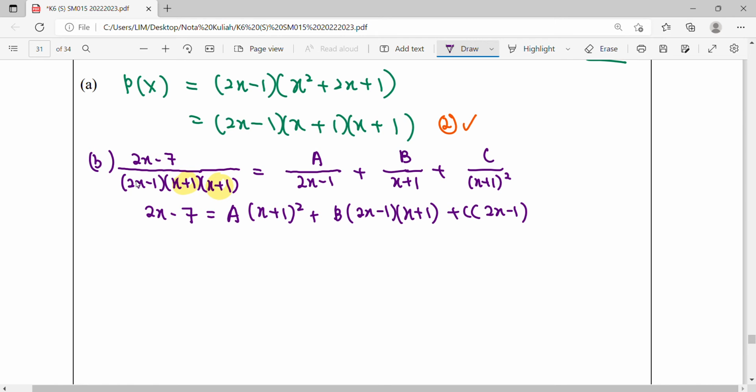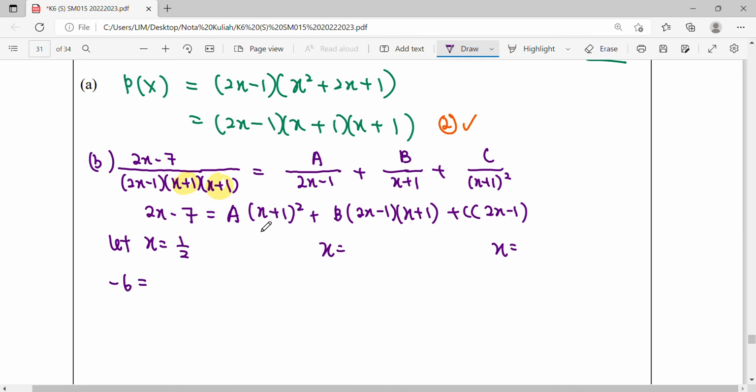Then we have 3 unknowns, so we can let x take 3 values. We use the roots from the factors that we have. For the first one, x equals 1 over 2. Substitute here: 1 minus 7 is negative 6.